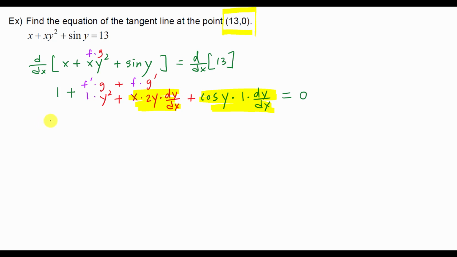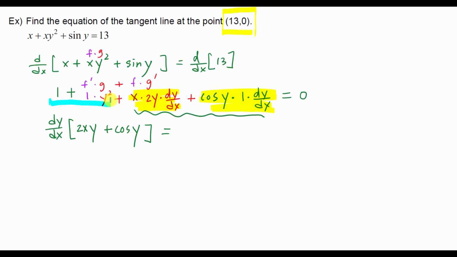So I have dy dx factored out from these two terms. So I'm going to have dy dx times 2xy plus cosine y, which is equal to, now I'm going to move these two terms to the other side. So they're going to go to the right hand side and become negative y squared minus 1.